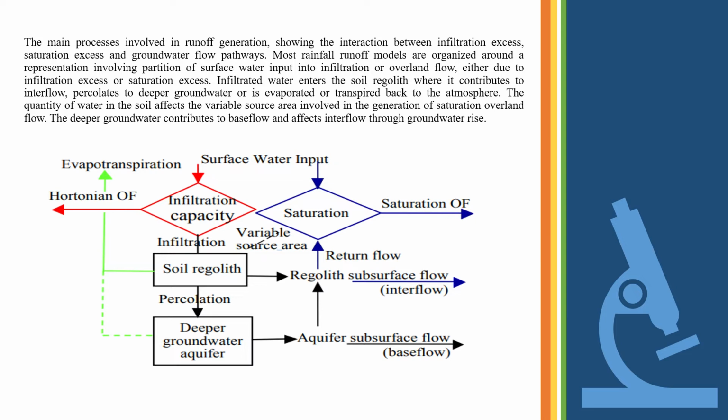Infiltrated water enters the soil regolith, where it contributes to interflow, percolates to deeper groundwater, or is evaporated or transpired back to the atmosphere. The quantity of water in the soil affects the variable source area involved in the generation of saturation overland flow. The deeper groundwater contributes to base flow and affects interflow through groundwater rise.